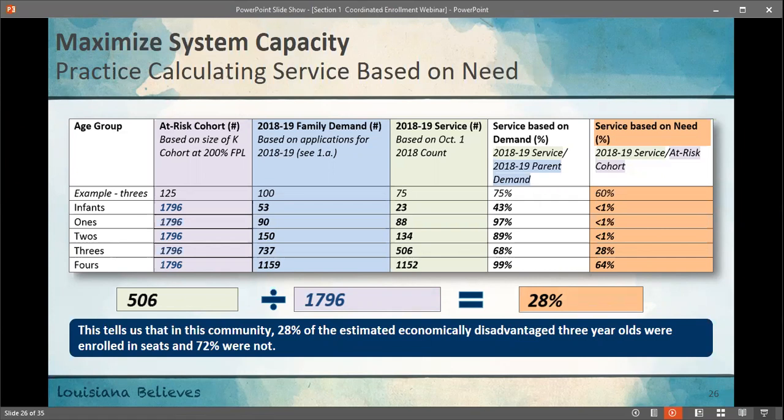We're going to take the at-risk cohort number, which is our at-risk based on the kindergarten cohort given to you at the beginning by the department, divide it, and then we get our 28%. What this is telling us is that in this community, 28% of the estimated at-risk 3-year-olds were enrolled in seats, and 72% were not.